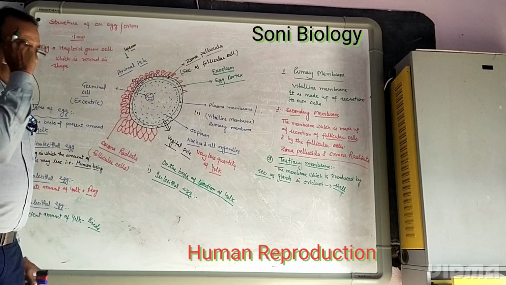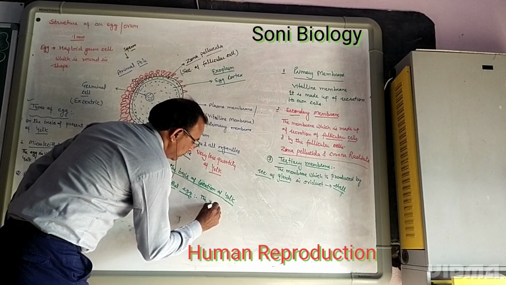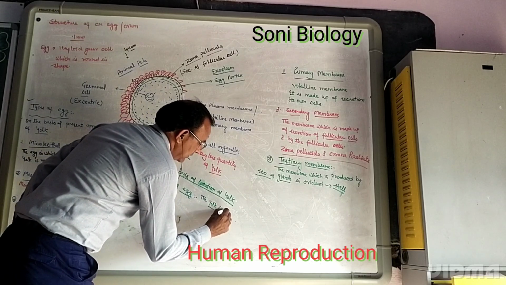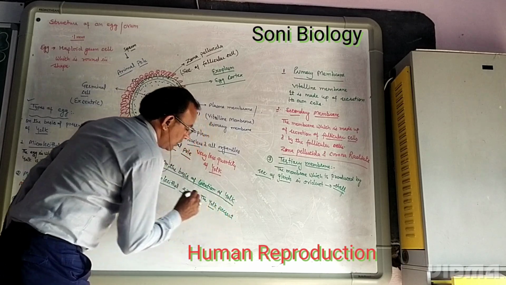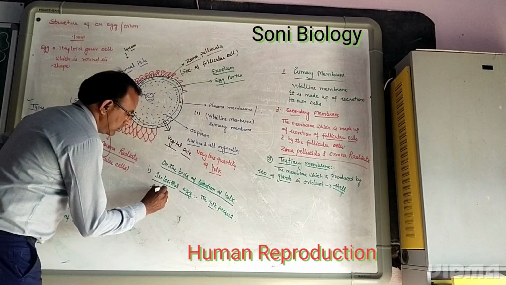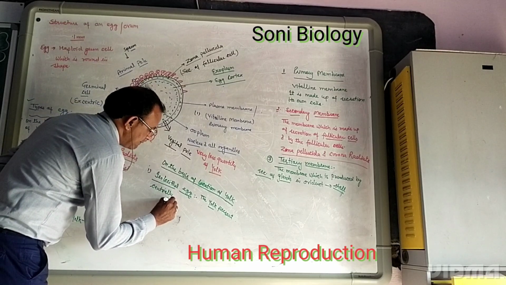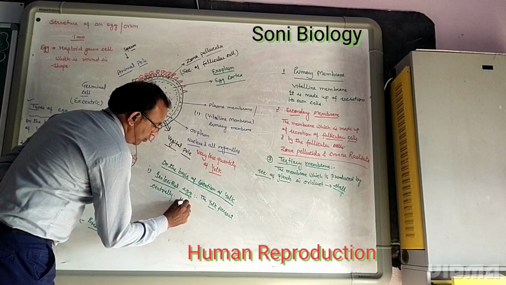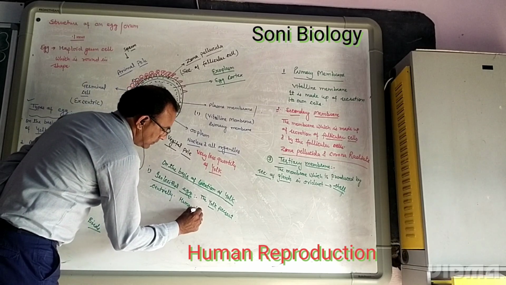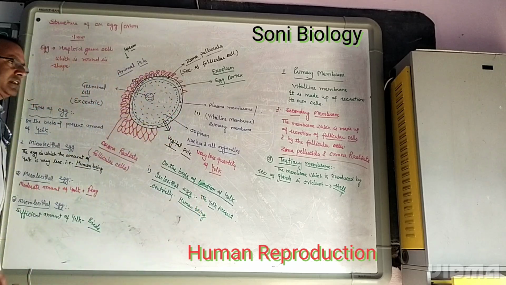Just like in humans, the yolk is present centrally. That is called an isolecithal egg.